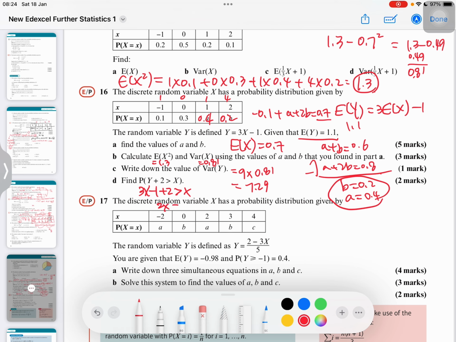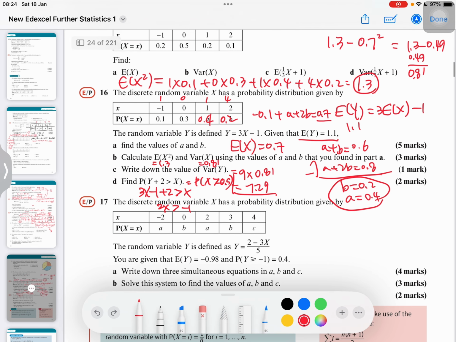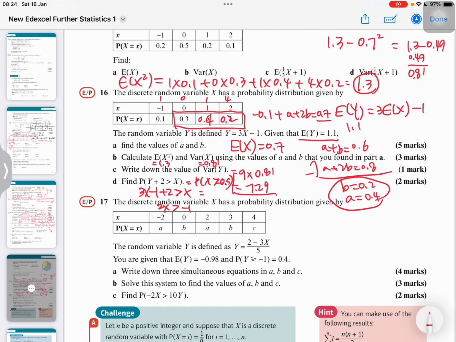So 2x is larger than negative 1, so x is larger than negative 0.5, right? So we can tell this is 0.3 plus 0.4 plus 0.2, which is 1 minus 0.1, 0.9.